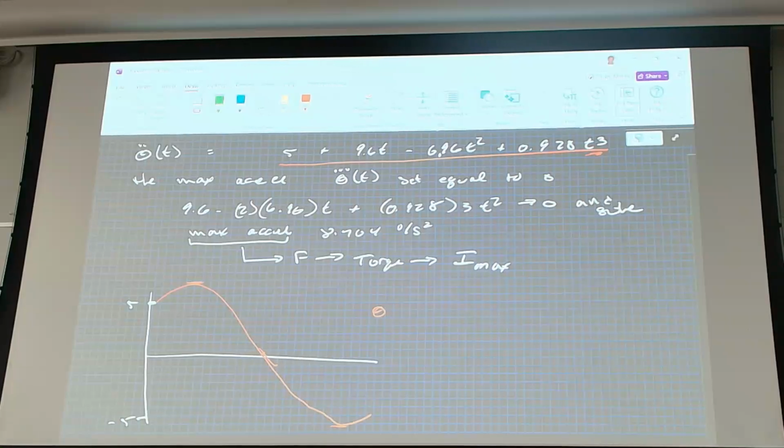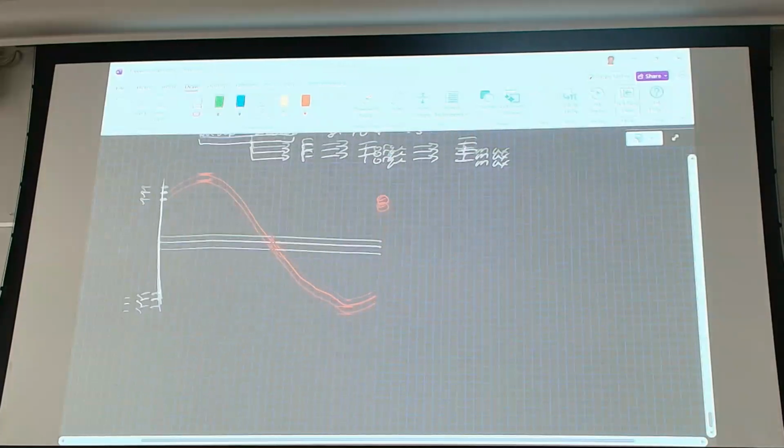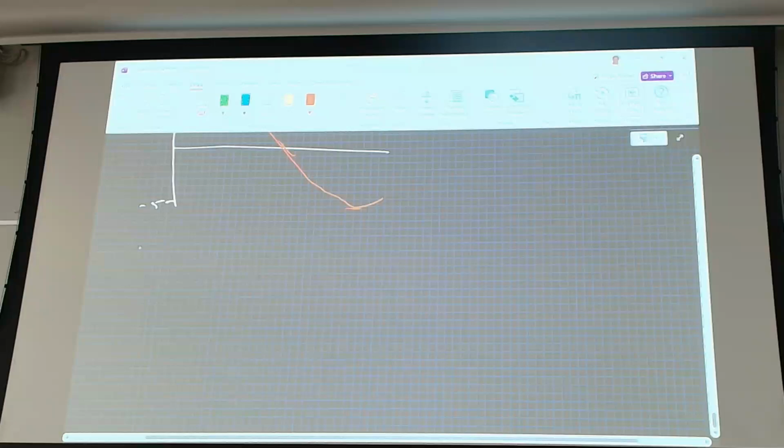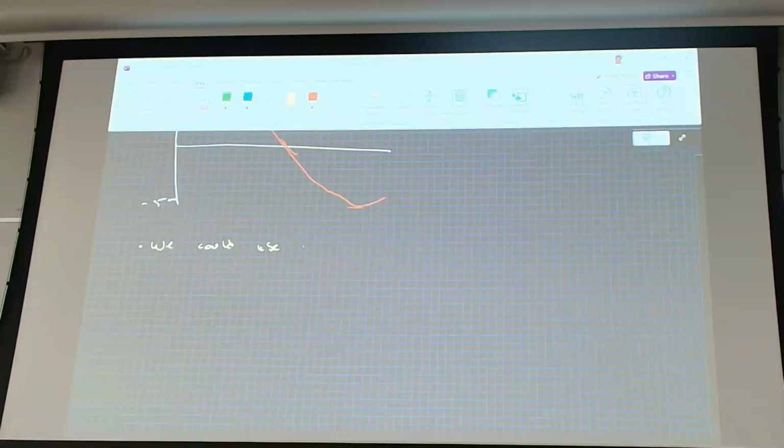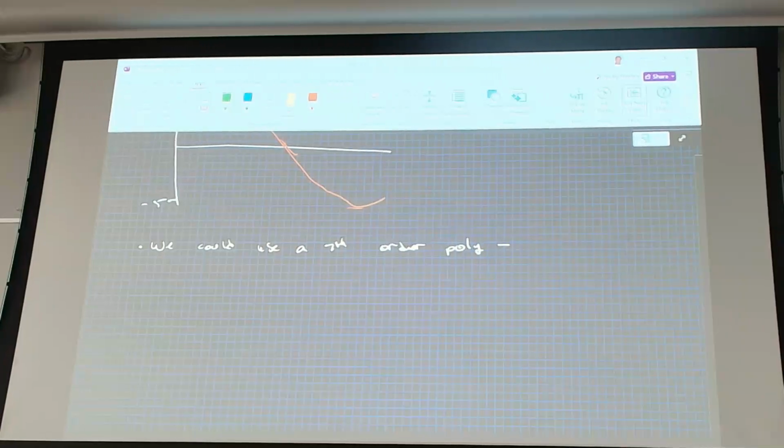We could keep going all day long, right? So we could use a seventh order polynomial. However, it could become excessive.